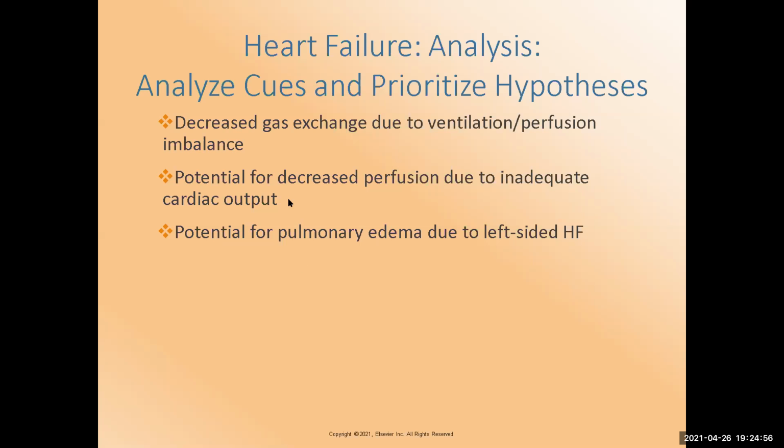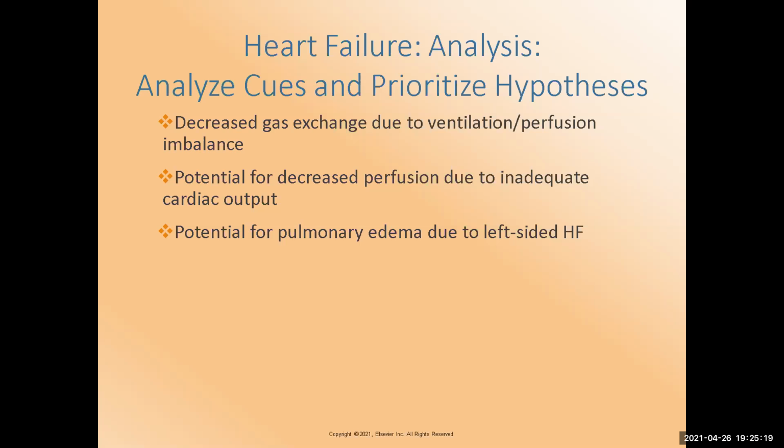So these are some, if we're going to write some of your nursing diagnoses, it's kind of weird for me to keep calling it nursing diagnoses, but conceptually, what are we thinking? So they have decreased gas exchange due to a ventilation perfusion imbalance, okay?